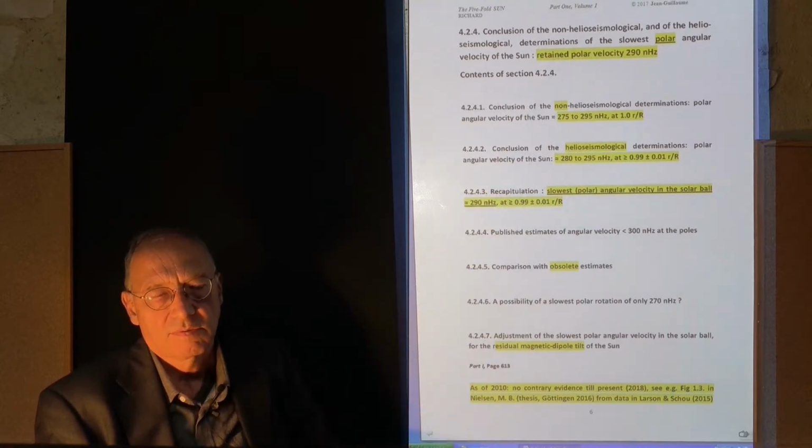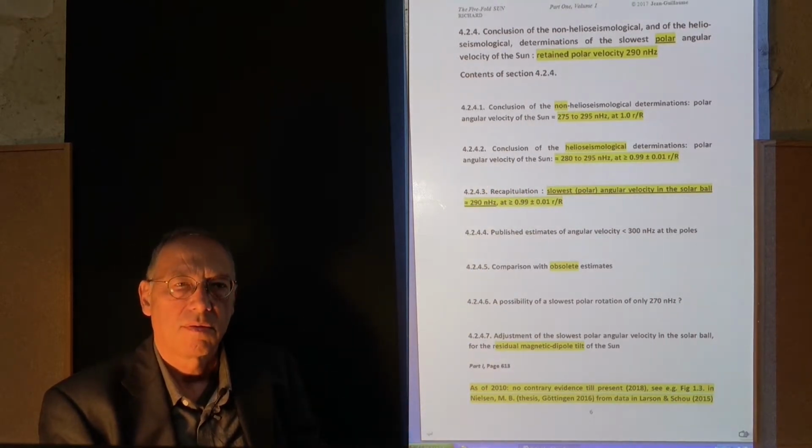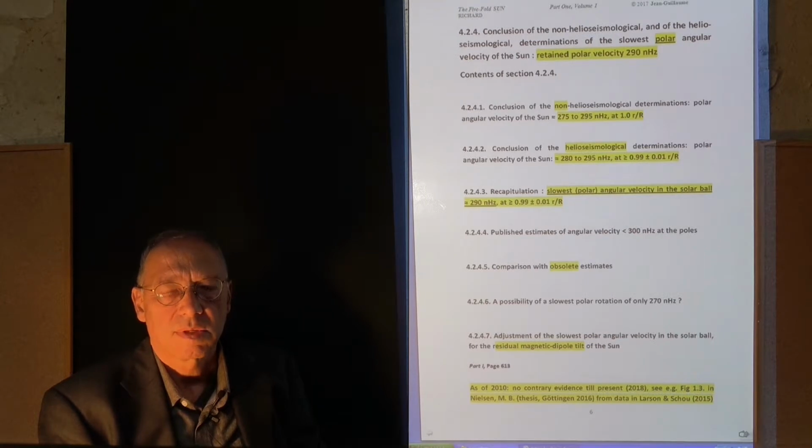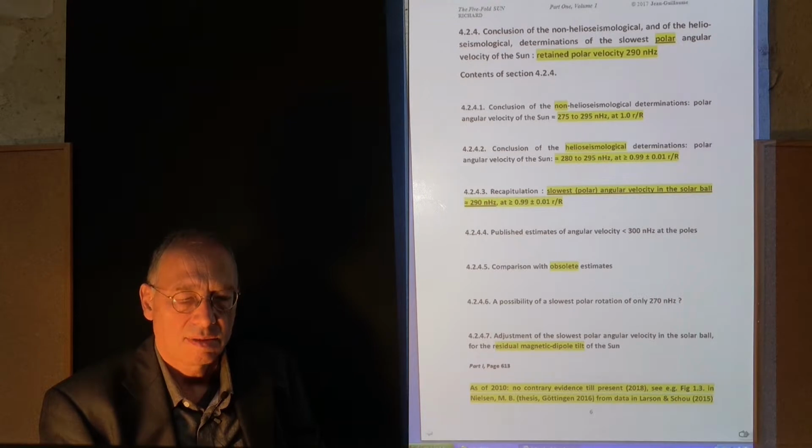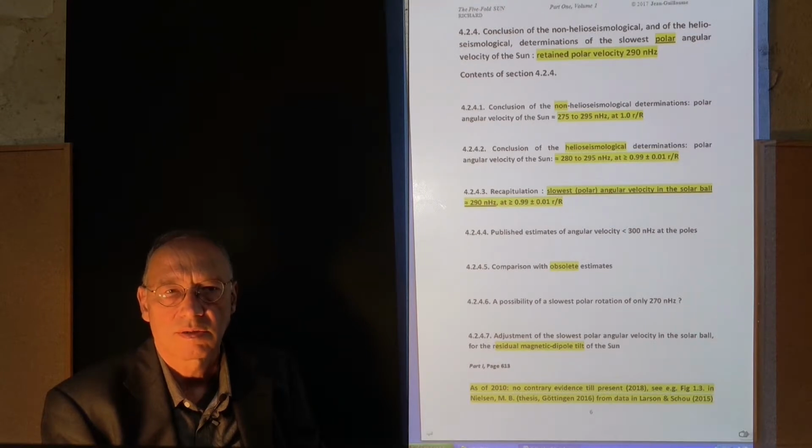If we now include the non-helioseismological results, of which there are also a few, this being a technique that depends on less costly and more traditional instrumentation, we have earlier results which don't go up to 85-degree latitude poleward.